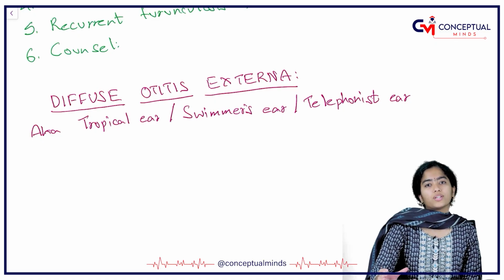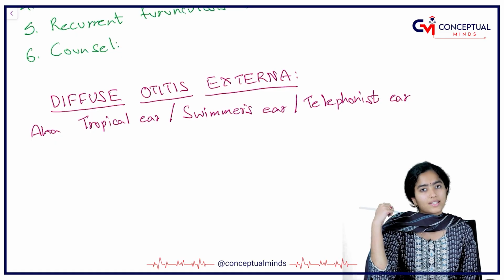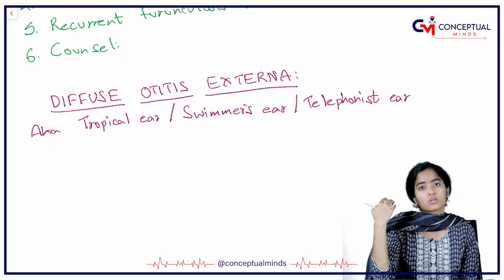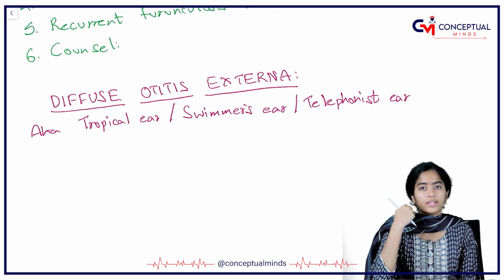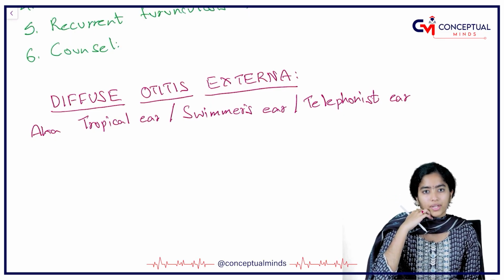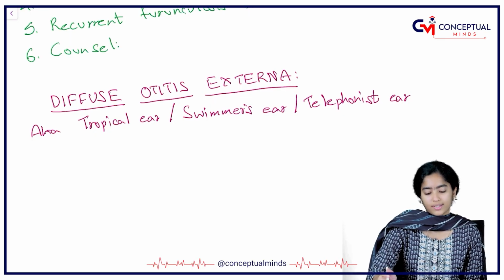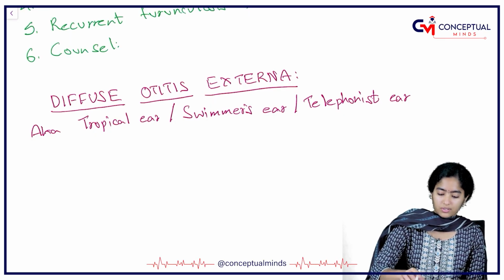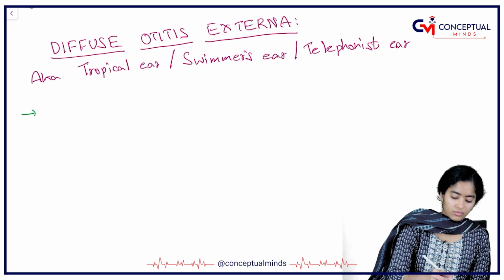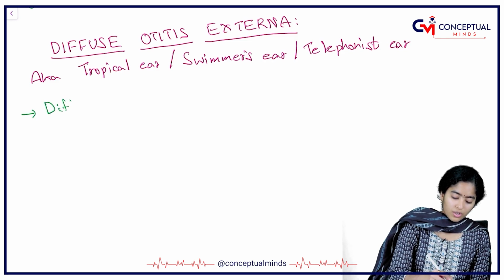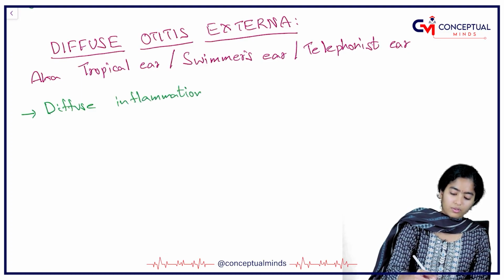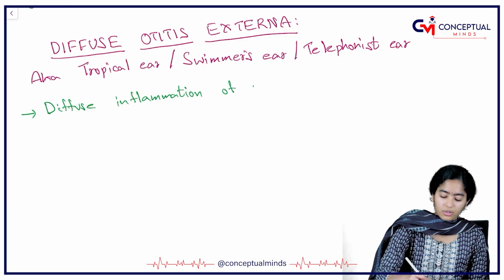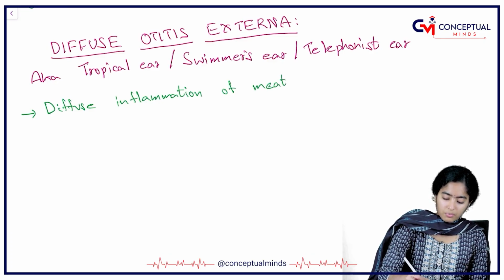It is the diffuse inflammation of the meatal skin, and that can sometimes also spread to the pinna and to the tympanic membrane, epidermal layer, the first layer of tympanic membrane. That is diffuse otitis externa. Let me write it down for you. Diffuse inflammation of meatal skin.